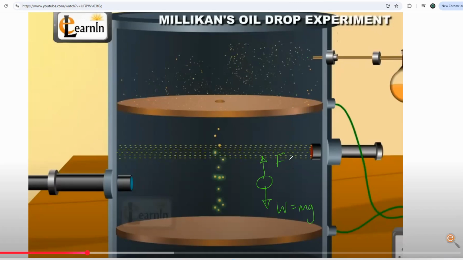Now, the friction force, assuming that the particle is going slowly enough that it's laminar flow, is governed by Stokes' law. This is the drag force on a particle, and it's 6 pi eta r v, where eta is the viscosity of the air that it's in, r is the radius of the particle, and v is how fast it's going.